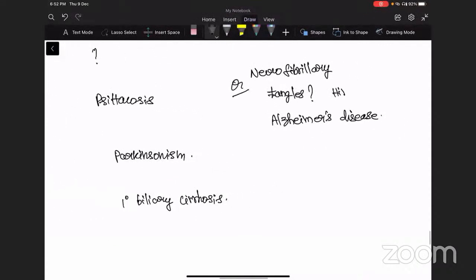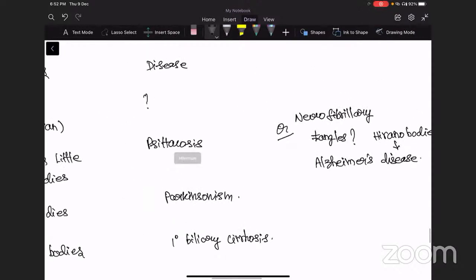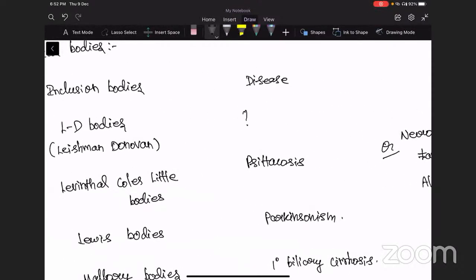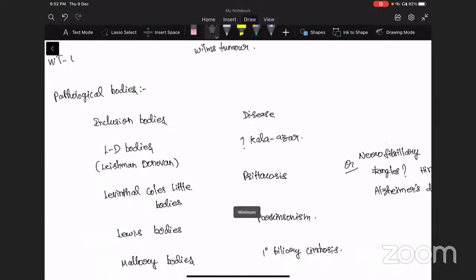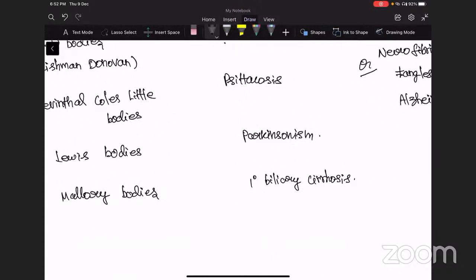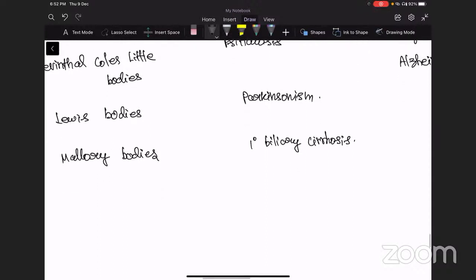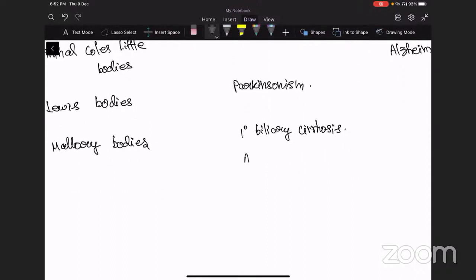And also Hirano bodies are seen with the same Alzheimer's disease. LD bodies are seen in Kala Azar, black disease. Mallory bodies are also seen in alcoholic cirrhosis, hepatitis.